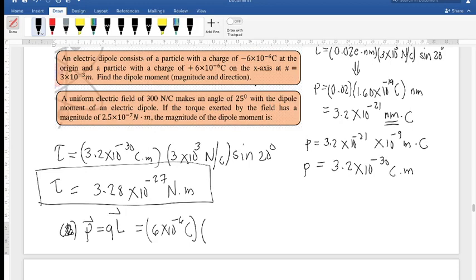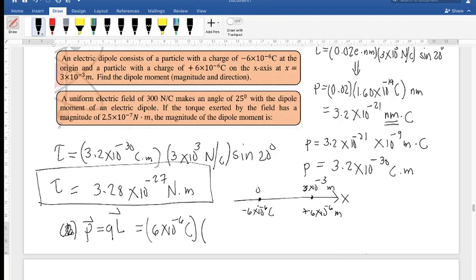If we first draw the electric dipole, we have the x-axis. At the origin is negative 6 times 10 to the negative 6 coulomb. Now at x equal to 3 times 10 to the negative 3 meters is the positive 6 times 10 to the negative 6 coulomb.